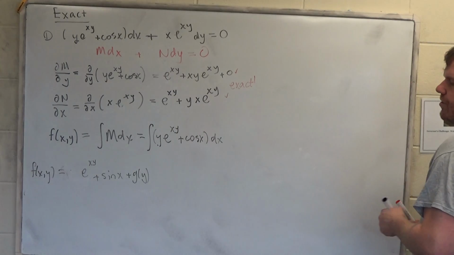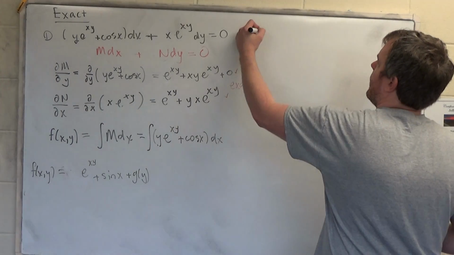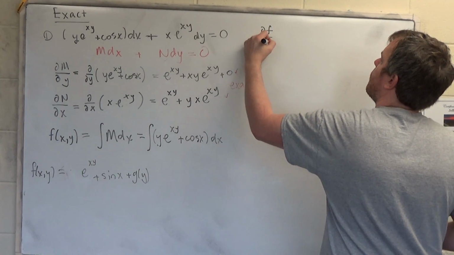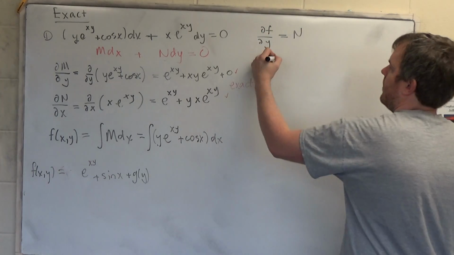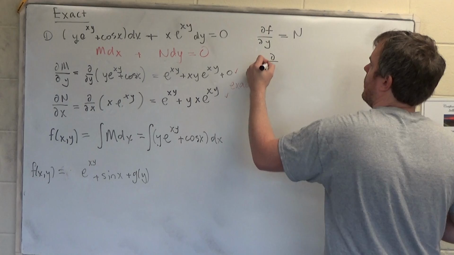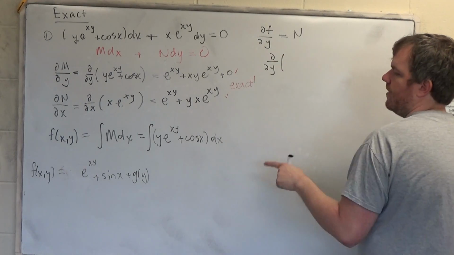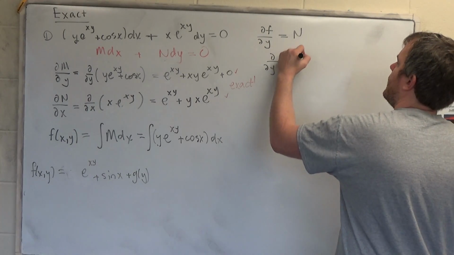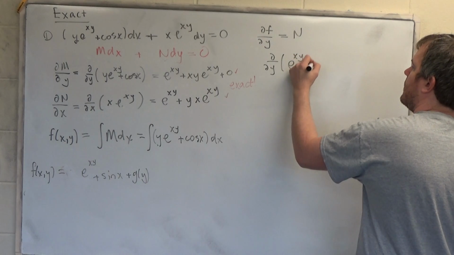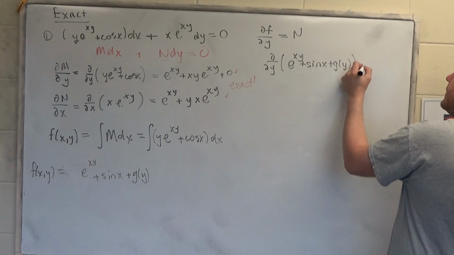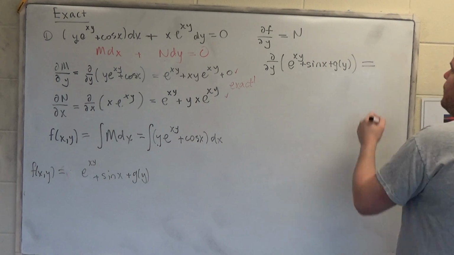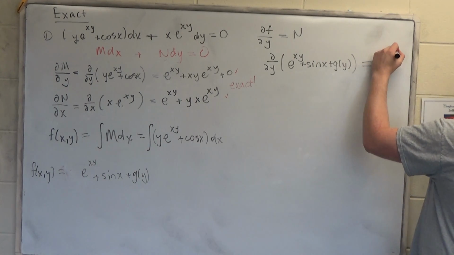To isolate g(y), what we check is that df/dy is supposed to be N. So I need to find d/dy of e^(xy) + sin x + g(y), and I need to set that equal to N, which is x e^(xy).